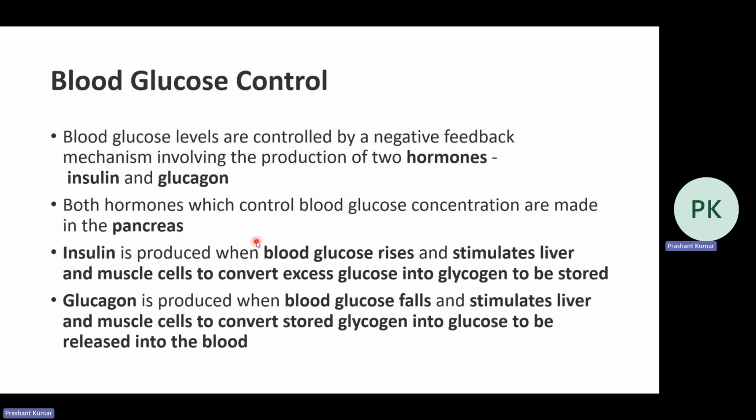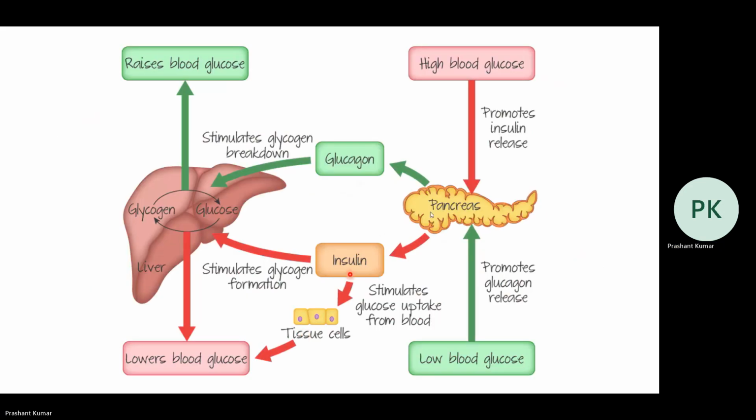It is produced when blood glucose is higher, and it stimulates liver cells and muscle cells to convert excess glucose into glycogen. Glucagon is produced when the blood sugar falls, and it stimulates liver and muscle cells to convert stored glycogen into glucose. Later on it is released into the blood so that your body cells will get it.